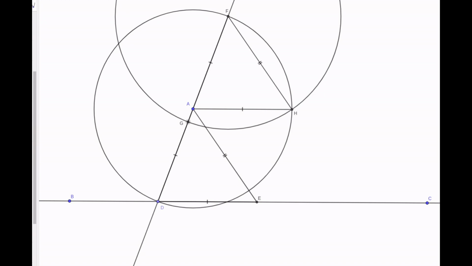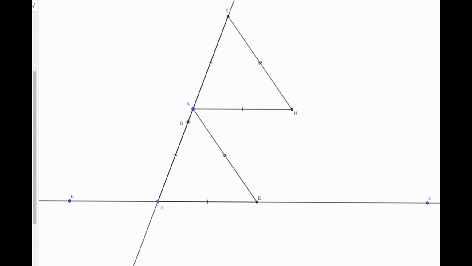Now if we go in and remove our circles, what we find here is that we have two triangles, FAH and triangle ADE, for which we have two sides that are going to be congruent, and we have the third sides that are also going to be congruent.